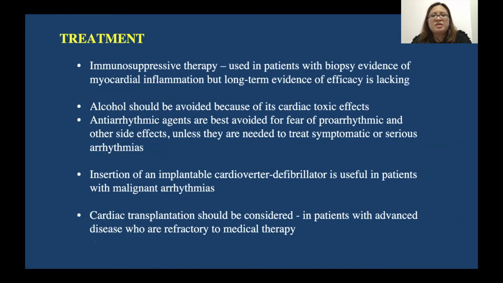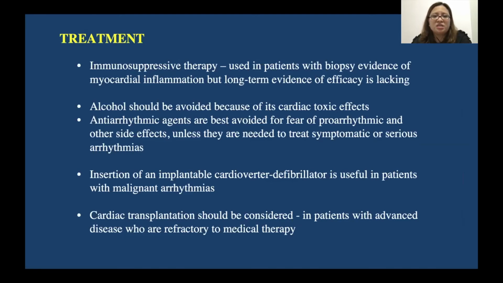Immunosuppressive therapy can be used in patients with biopsy evidence of myocardial inflammation, but long-term evidence of efficacy is still lacking. Alcohol should be avoided primarily because of its cardiotoxic effects.